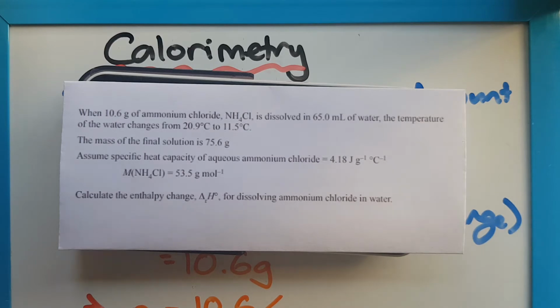In our previous video, we worked out the amount of energy by using the equation Q equals mc delta T. So the mass of the stuff that changed temperature, 75.6, times the specific heat capacity, given in the question, 4.18, times the temperature change, which was 9.4 degrees Celsius. And we don't worry about positive and negative in this case.